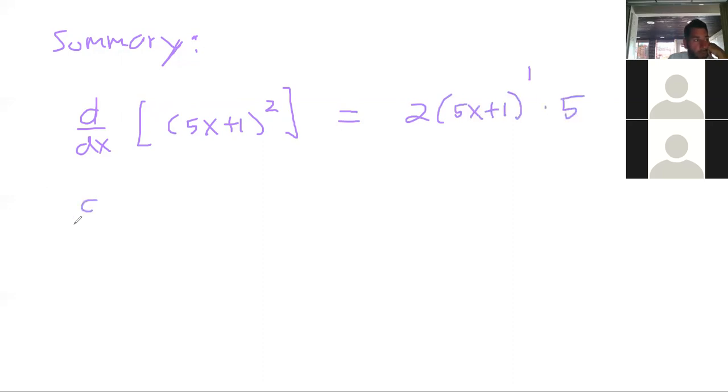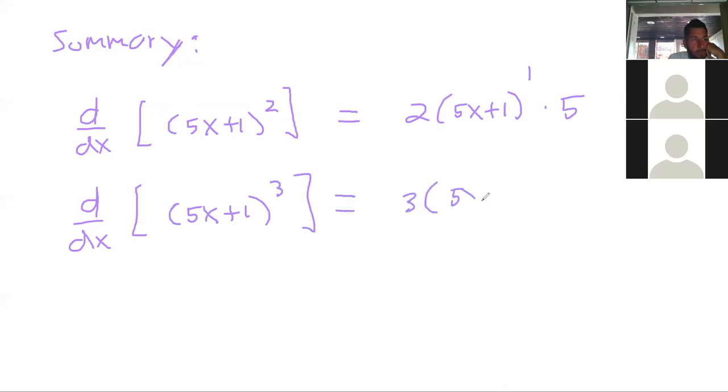And then we also found that if it was the power 3 instead, we got this. So what you're noticing is there's a pattern.